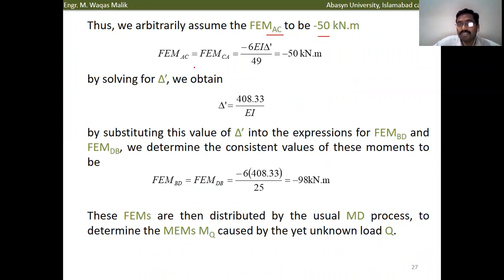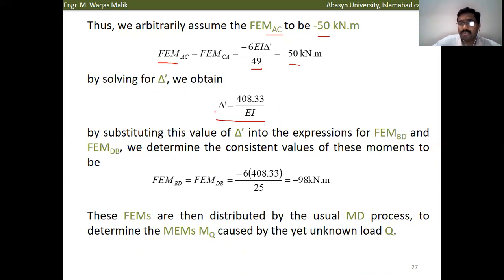So once we put these values in the fixed end moment of member AC, it becomes minus 6 EI delta prime over 49 equals minus 50 kilonewton meter, from where we obtain the value of delta prime as 408.33 divided by EI.